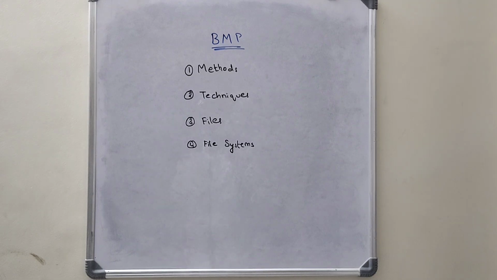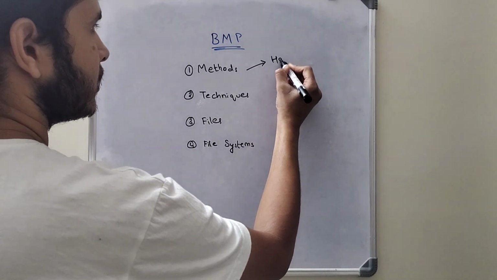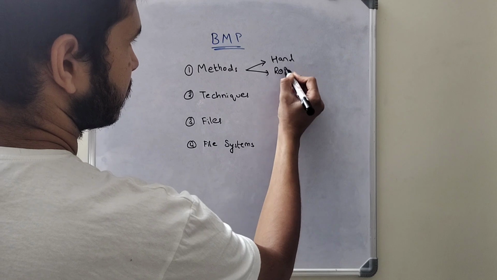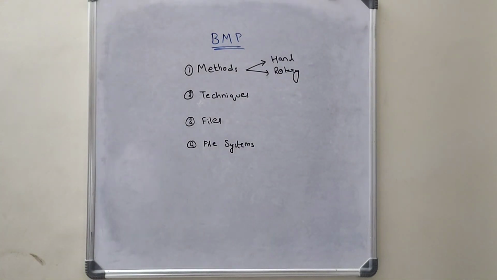Now again, coming back to the BMP, the important things that you have to know about BMP are the methods, techniques, files and file systems. There's not much about methods to be discussed because methods are only two, which are your hand and the rotary techniques, where you prepare the canals through your hand instruments, or you prepare the canals with the rotary instruments using the endomotor.